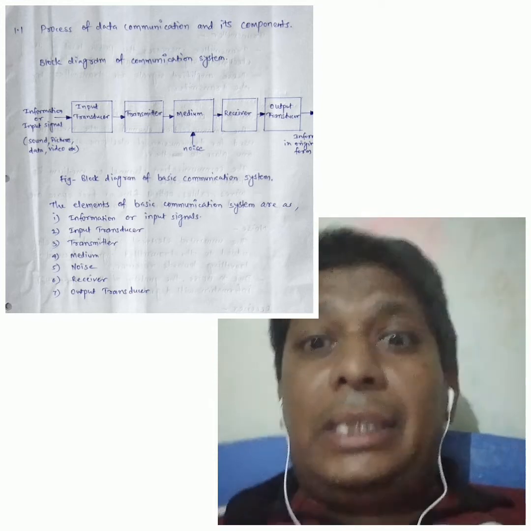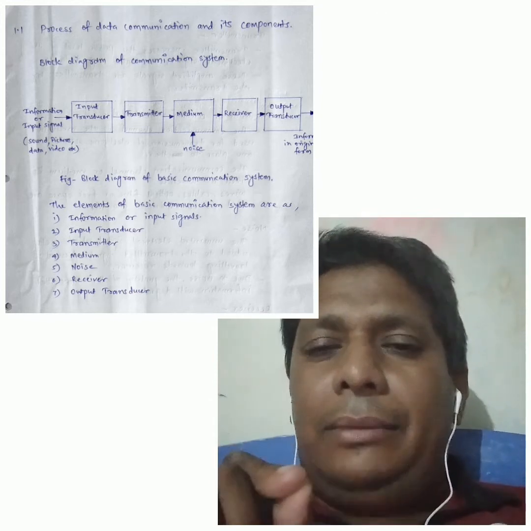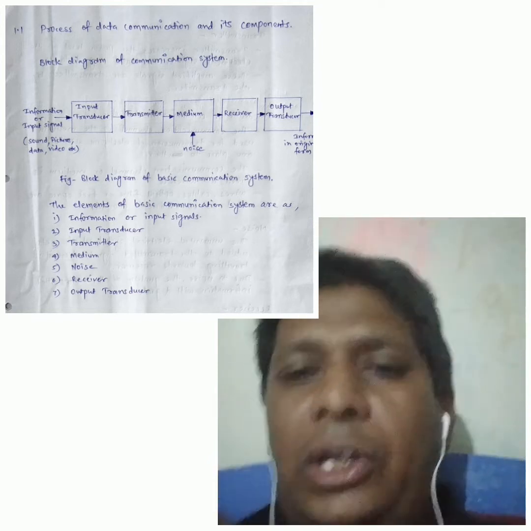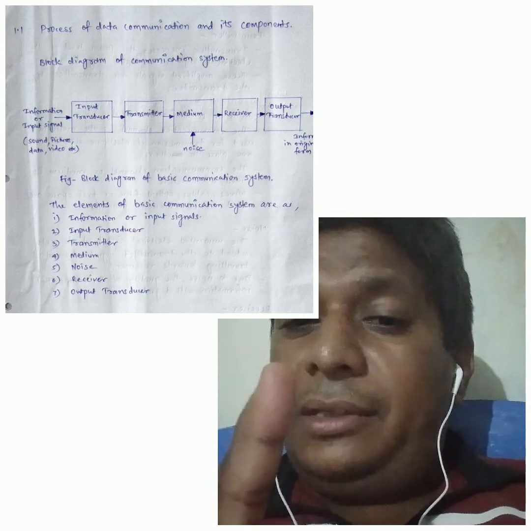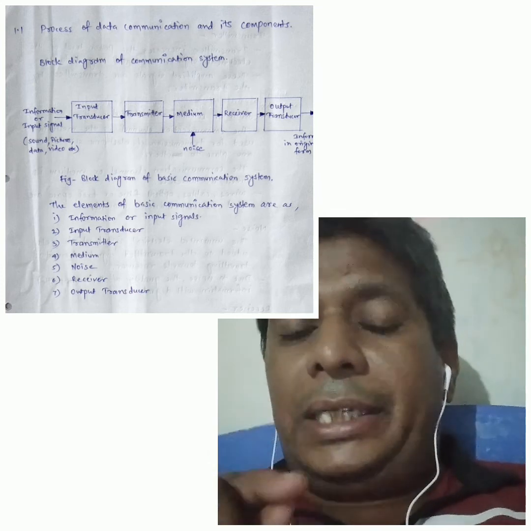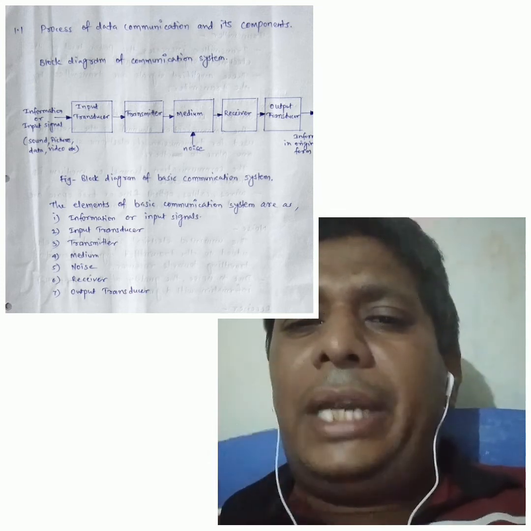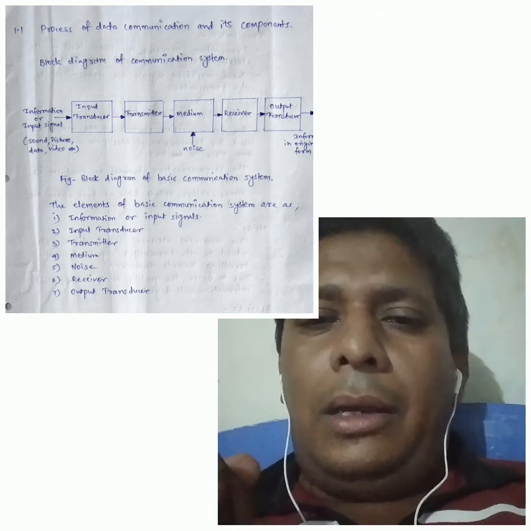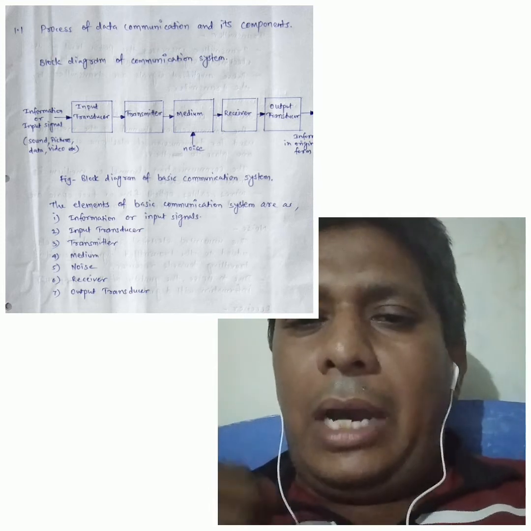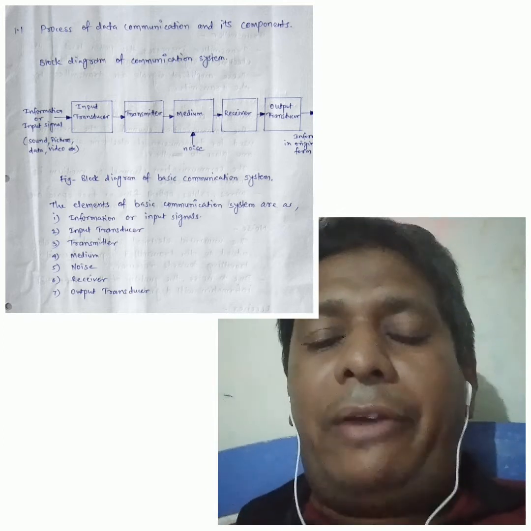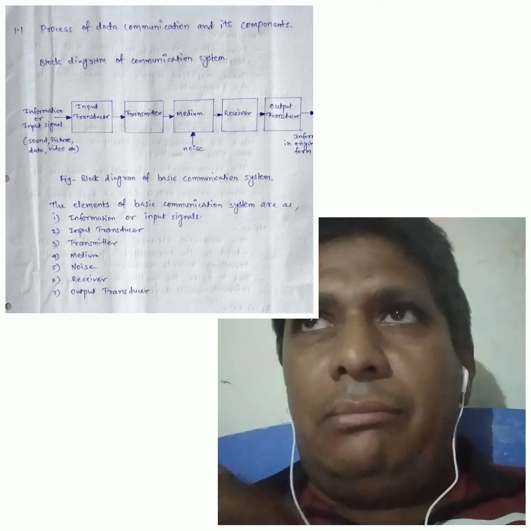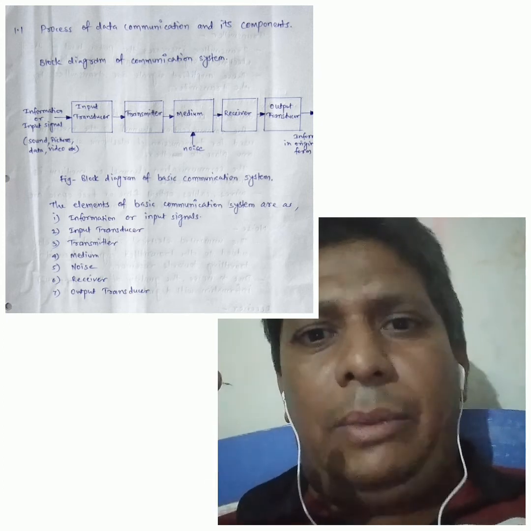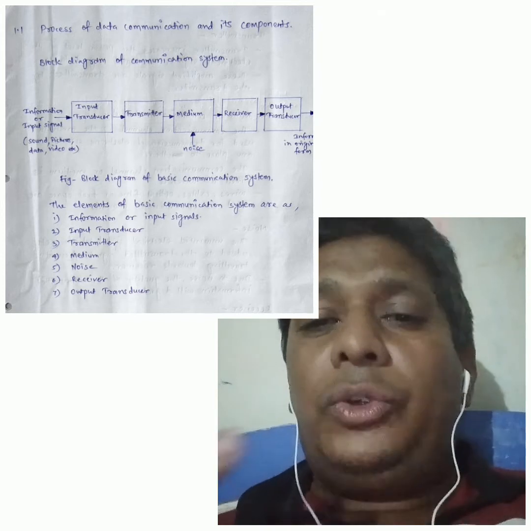First, the signal or information or input signals are in the form of sound, picture, video, data, etc. Say I have to send one video to my friend, or one picture, or some text to my friend or someone else, or some musical files.